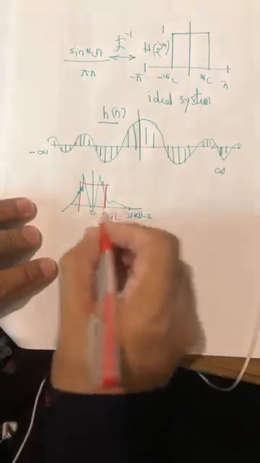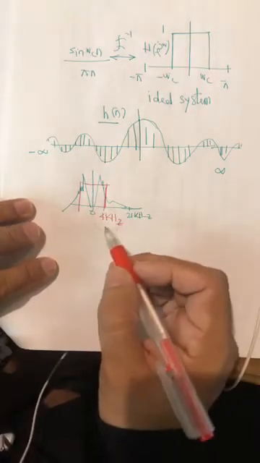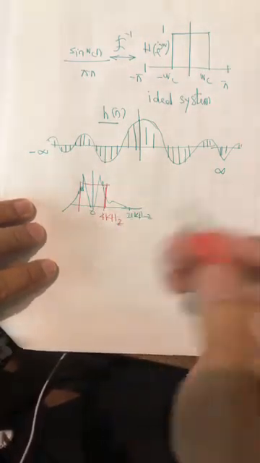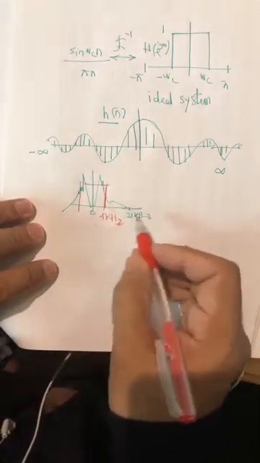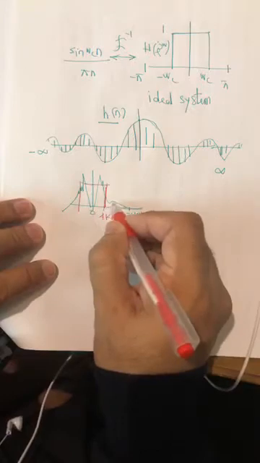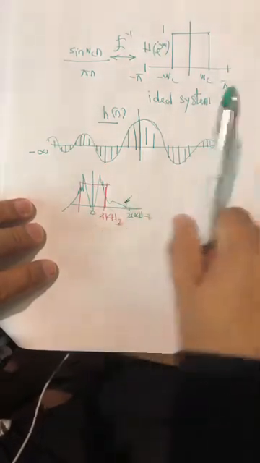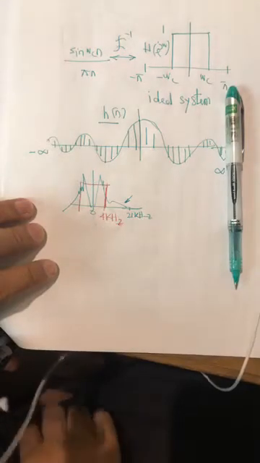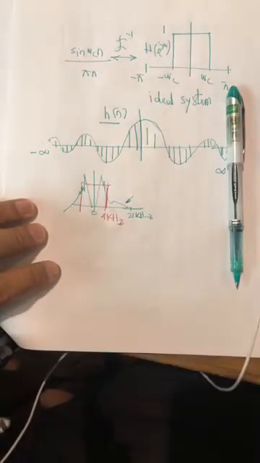Because you don't want to keep the high frequency contents for many applications like AM radio, even FM, even telephony. High frequency contents make the system expensive, and music usually has frequency contents greater than some kilohertz.